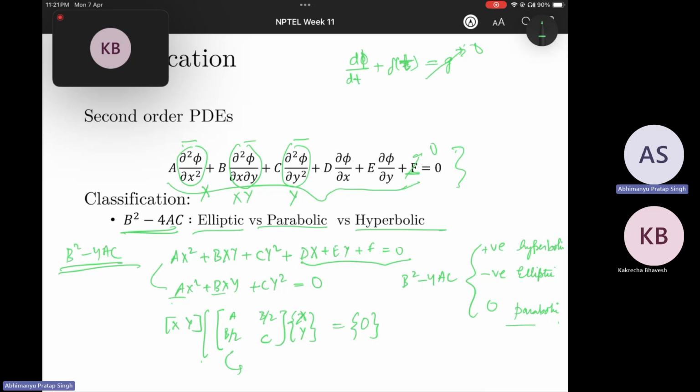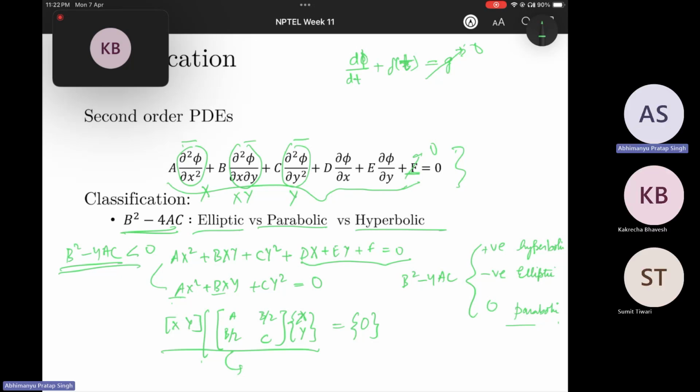If it's less than 0, this is basically the equation of a hyperbola or an ellipse. The only difference is the coefficients of a and c. If both the coefficients are positive and b is very small, then b square minus 4ac becomes less than 0.